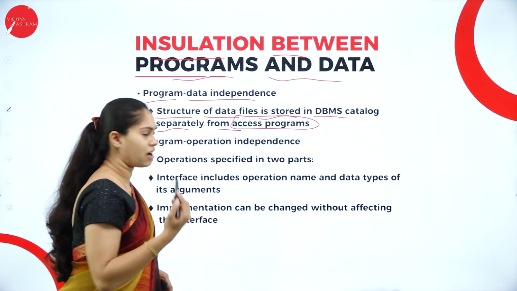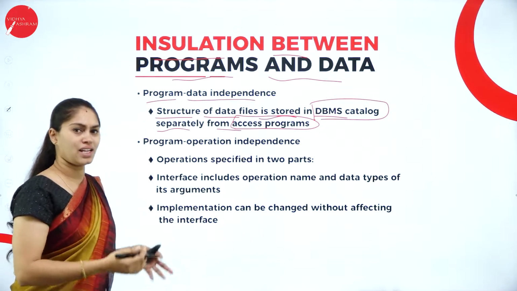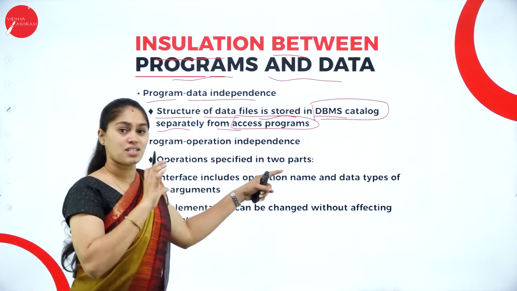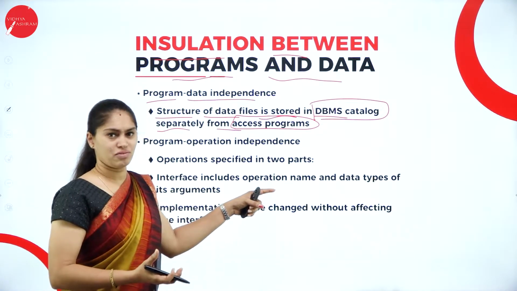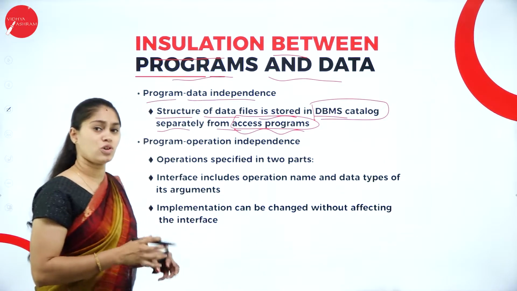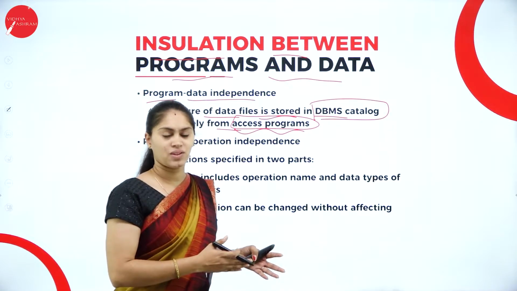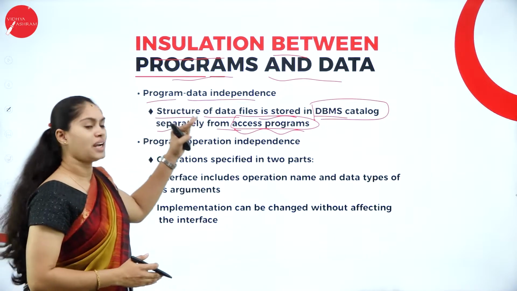So if I make any changes to the catalog, or its complete structure or definition, that will not affect my access program. The user will not get to know what changes are being made behind the scenes. That is data and program independence.